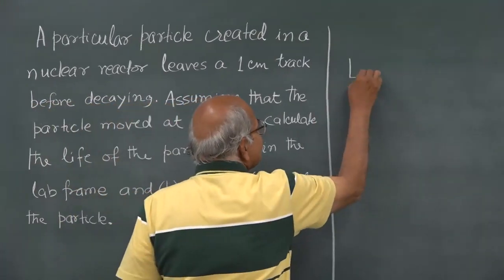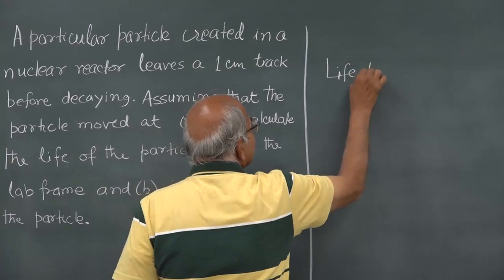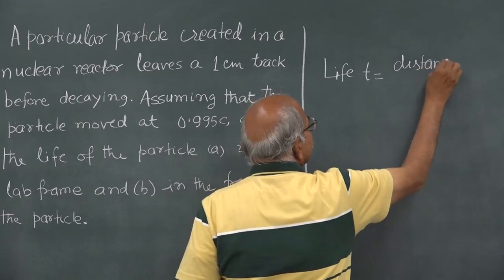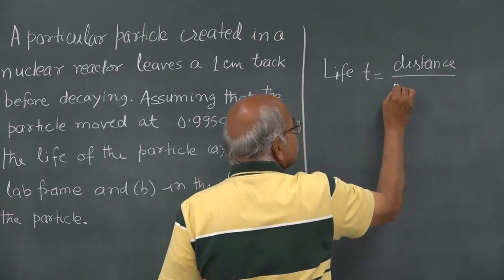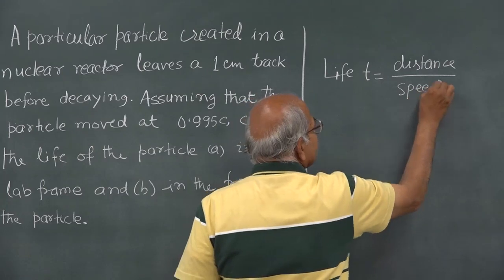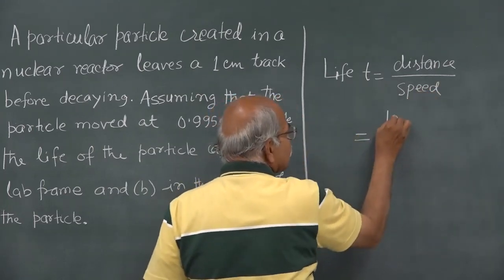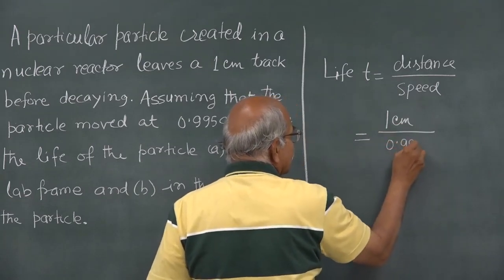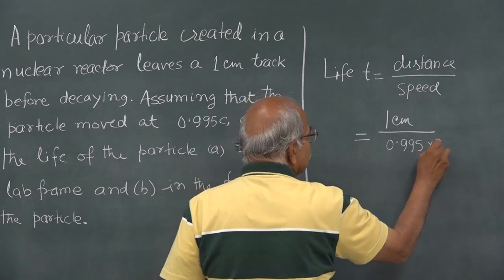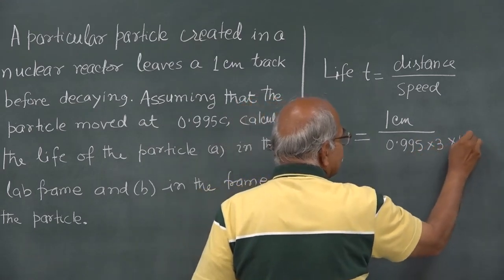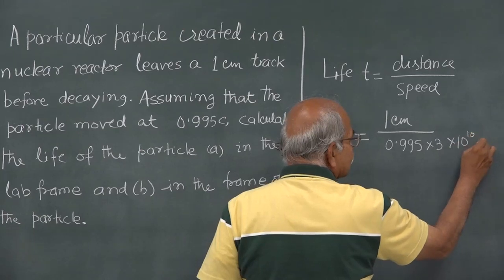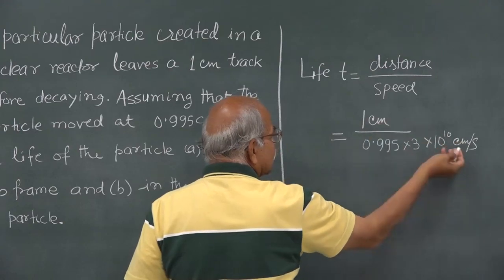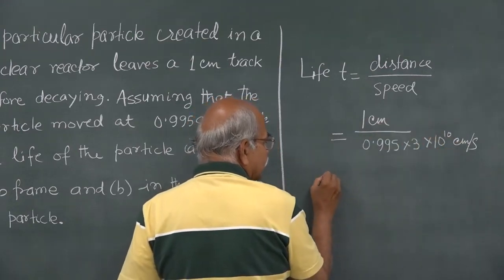So, the life, that means time, is distance travelled divided by the speed, and that is 1 centimeter divided by the speed, 0.995 c, 3 into 10 to the power 10 centimeter per second. Okay, so, you can cancel this centimeter and this whole thing will become in seconds.